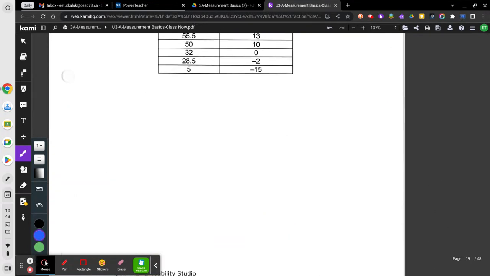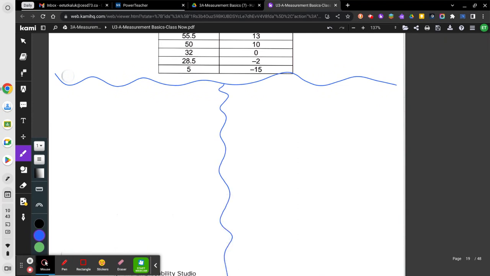I'm going to write the steps right underneath here. And we're going to go like this. So we're going to go Fahrenheit to Celsius, and then we're going to go Celsius to Fahrenheit because we're going to write the steps down. Okay, you need to write the steps down.